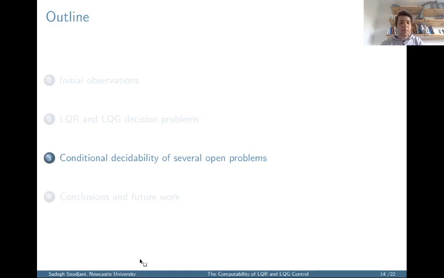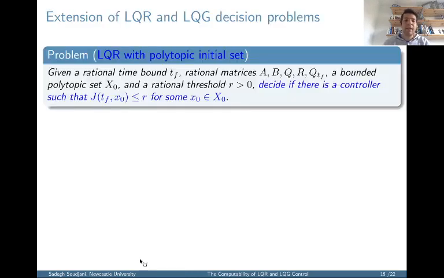Okay. So now I go to some conditional decidability of open problems that are a bit more challenging compared to the two problems that I just discussed. Let's extend LQR and LQG decision problems with some minor modifications. The modification I want to perform is that I want to quantify over x0 and allow x0 to change inside some set.